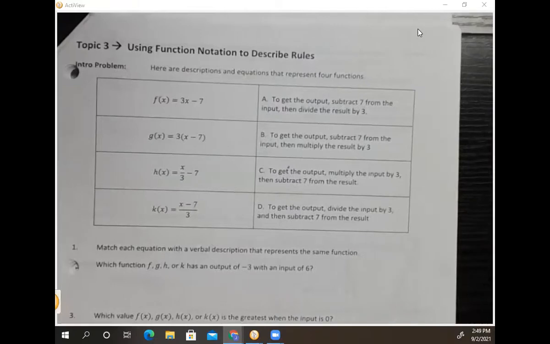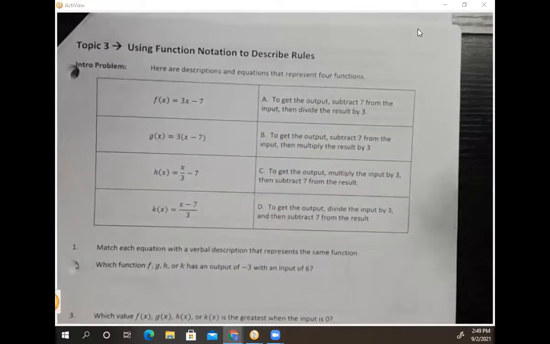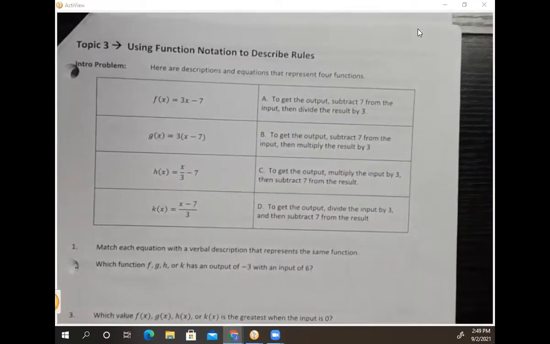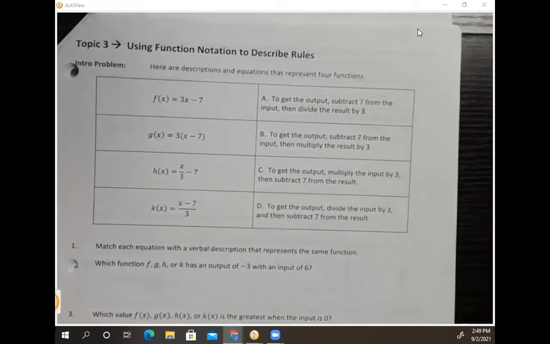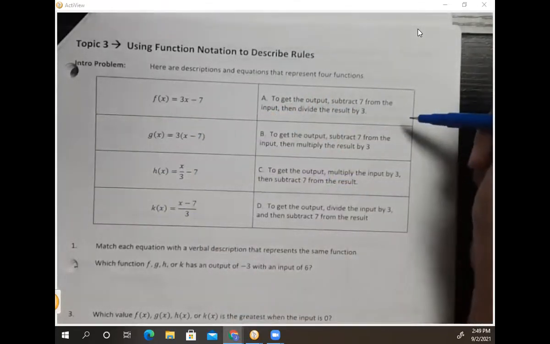So we have a set of rules here, and we're going to match them to the appropriate function. So for A, to get the output, subtract 7 from the input, then divide the result by 3. Which of these functions would match this rule?